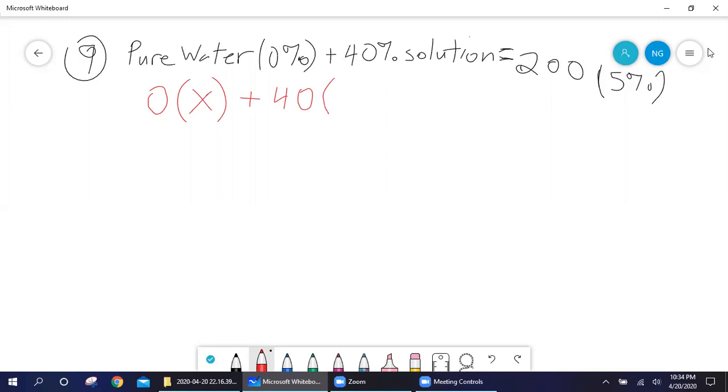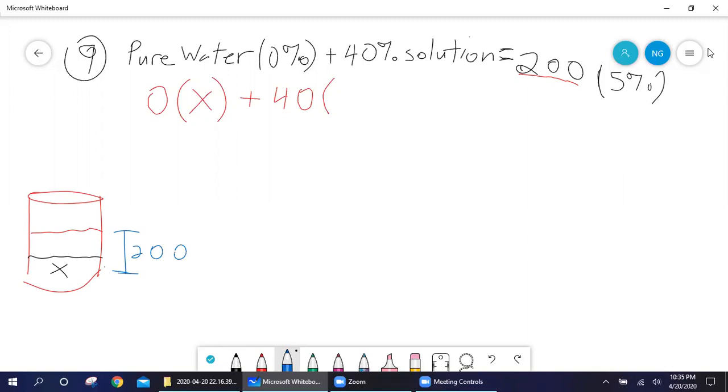Now I don't want to introduce a new variable like y. I also don't want to use x because that would assume that it's the same as the water. I know that in the end I'm getting 200 ounces. So if I'm pouring in X amount of water, then this whole thing is 200.